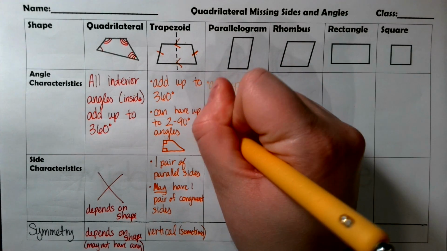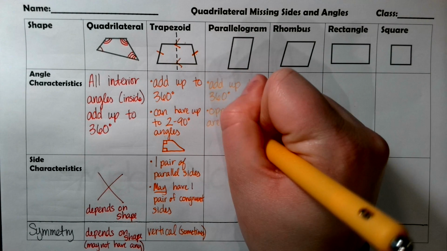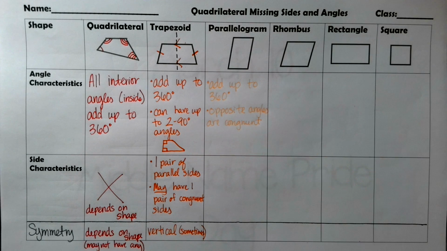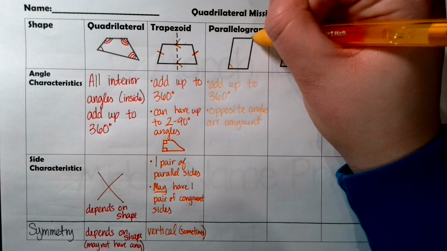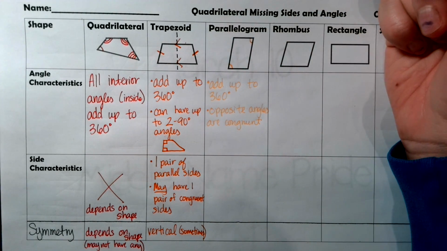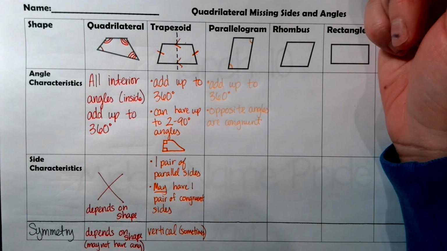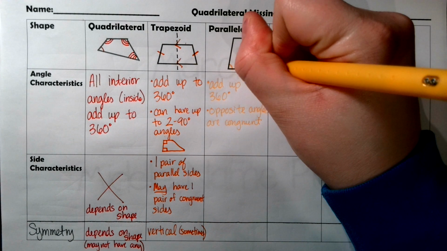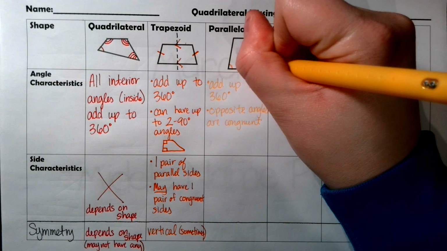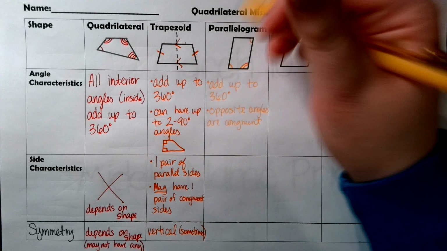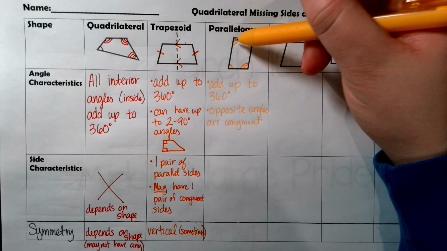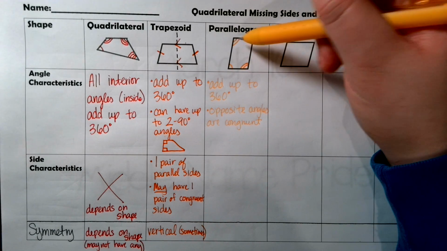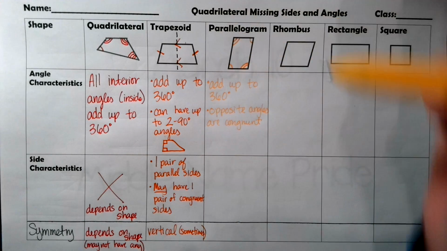Opposite angles are congruent. So that means this bottom left corner here, its opposite is going to be this top right. They are congruent, they're the exact same measure. This bottom right, we're going to put two lines there because it's different than the other ones. These two lines match up with this opposite angle. They are congruent, the bottom right and the top left, because they are opposite angles.